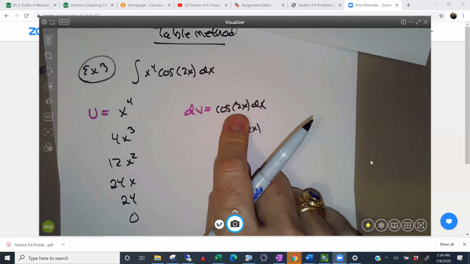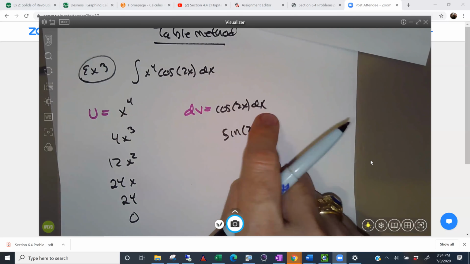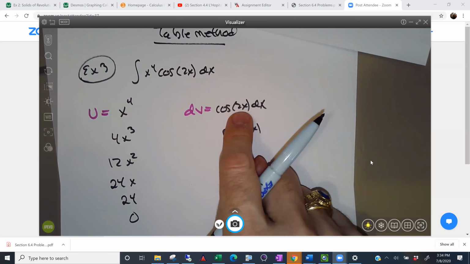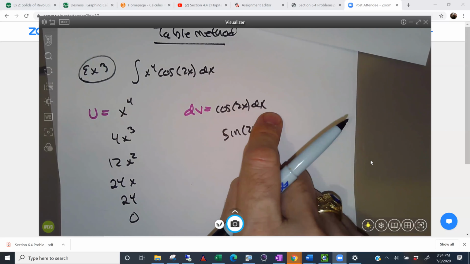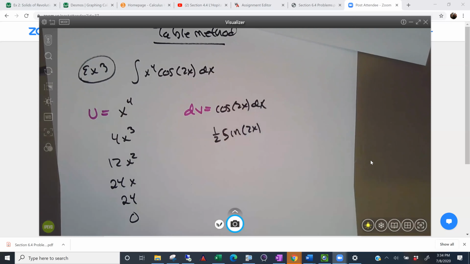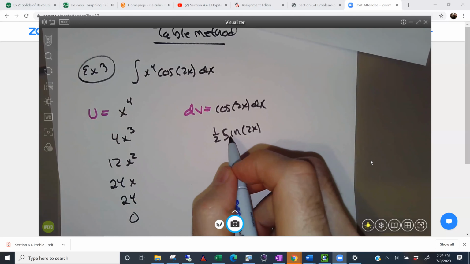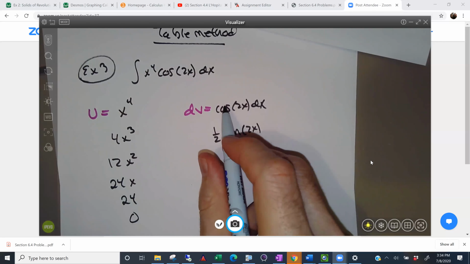But if I were to differentiate this, I'd end up multiplying by 2. So when I integrate this, I need to divide by 2. Now, let's check one more thing. Is the derivative of sine cosine?